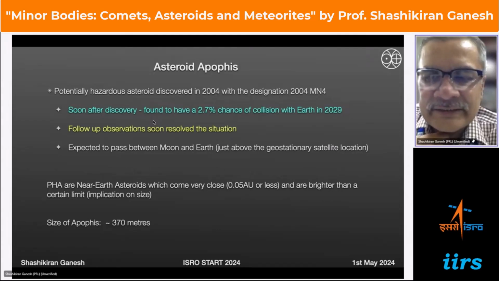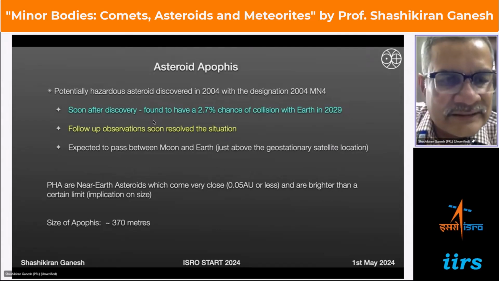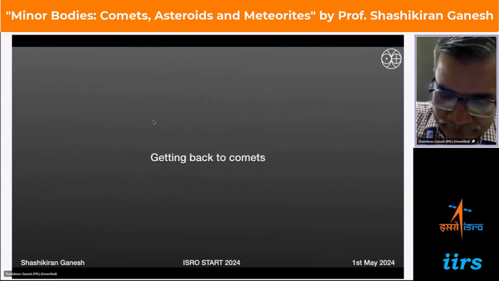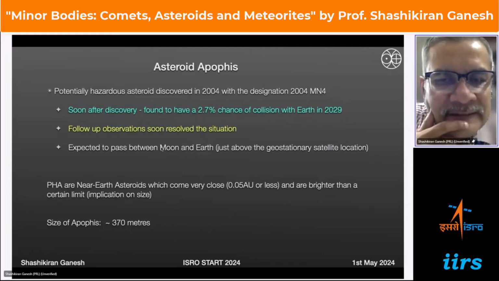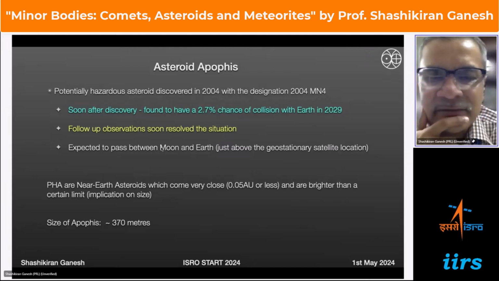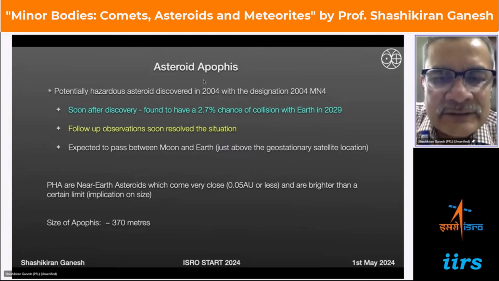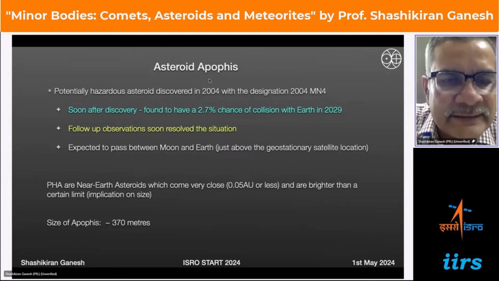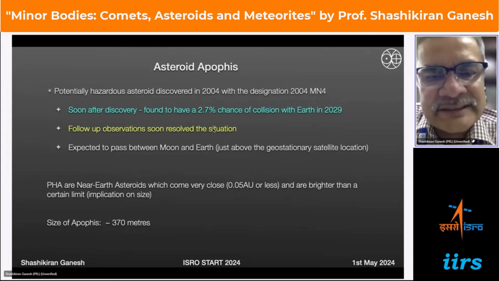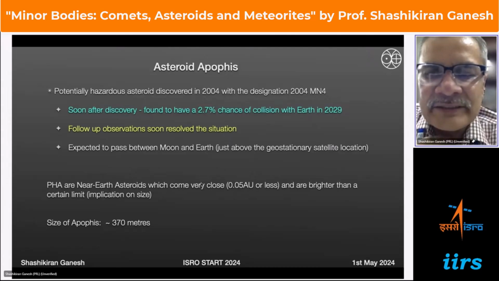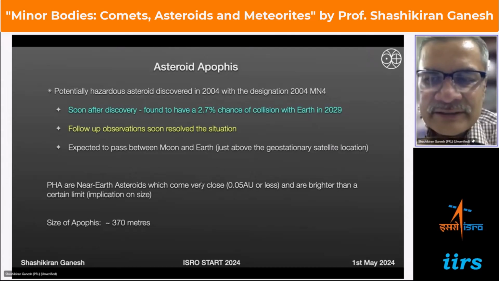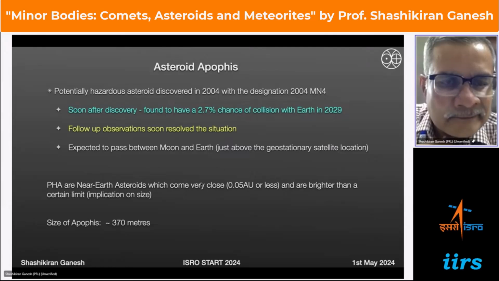So this was quite a terrifying thing for all astronomers, and there was a flurry of observations made for understanding the orbit of the asteroid. These follow-up observations resolved the situation, and it was found that there's no chance of a collision with Earth, at least for the next 100 years.